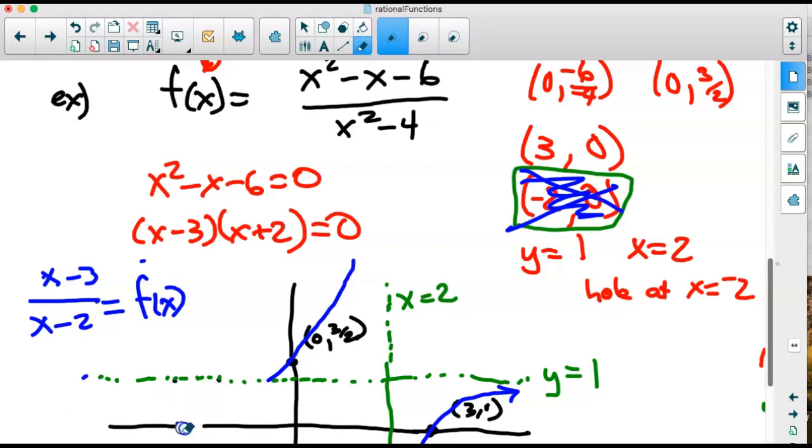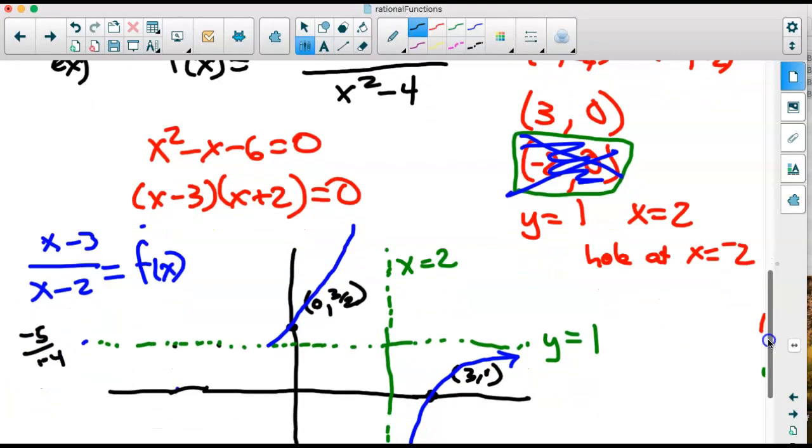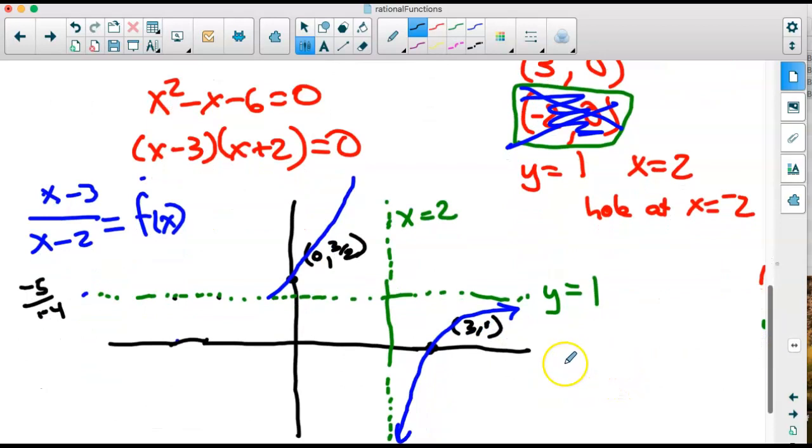It should be this reduced function right here, and then look at the intercepts and those kinds of things. Now it has a hole at 2, negative 2. If I put in negative 2 here, it should have been negative 5 over negative 4, which is 1 1/4.